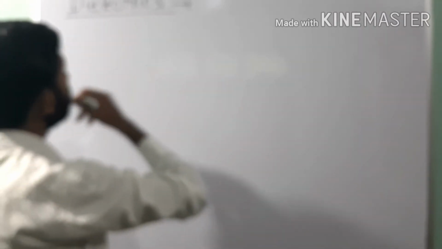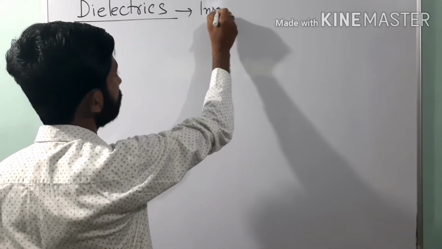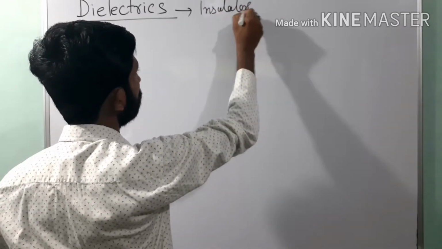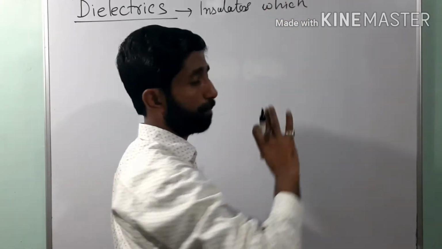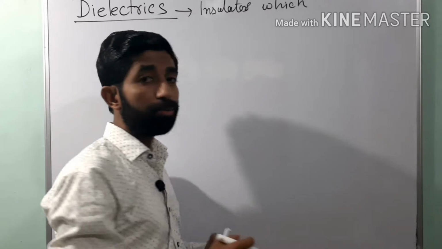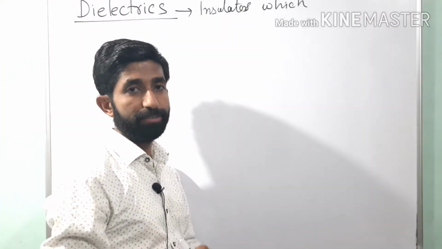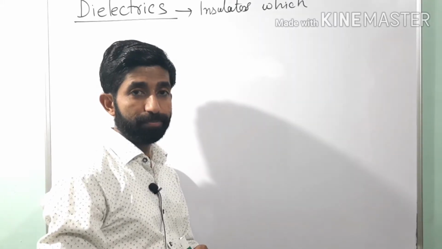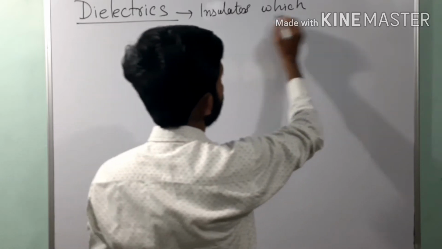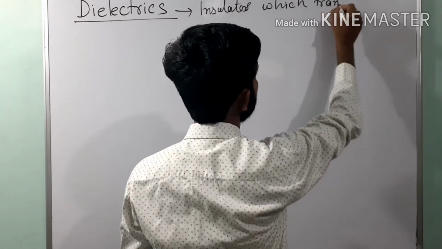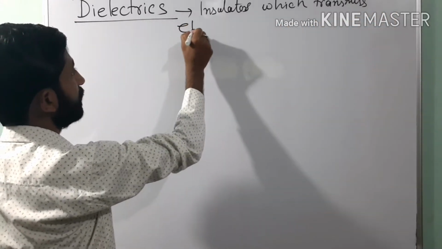So I must have a simple definition: they are insulators, but they have a very important property, that is, they can transmit electric field within themselves. That is going to play a very crucial role today. So they transmit what? Electric field.